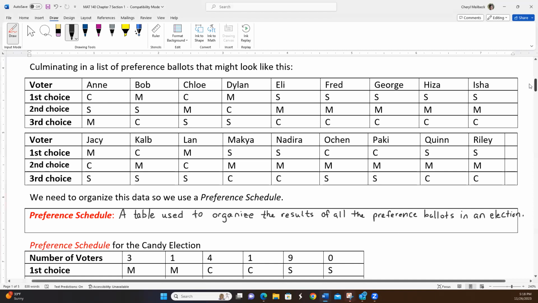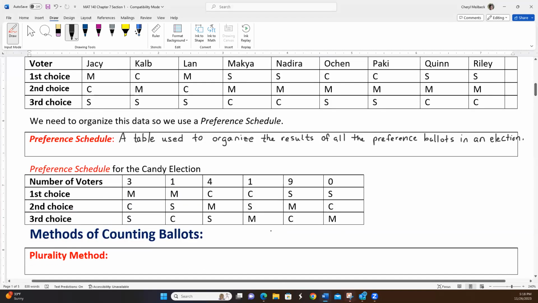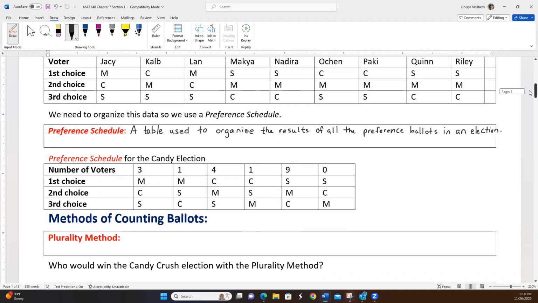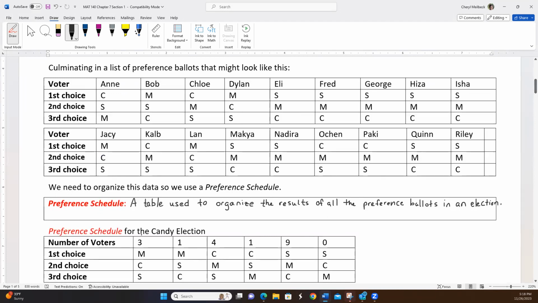If we go down, this is what a preference schedule looks like. So I'm going to reduce this a little bit so we can see how it was organized. I think you're actually going to be asked to do this on your homework. So if I look at this first column here, it says that 3 people voted for miniatures first, Crunch bar second, and Snickers third.